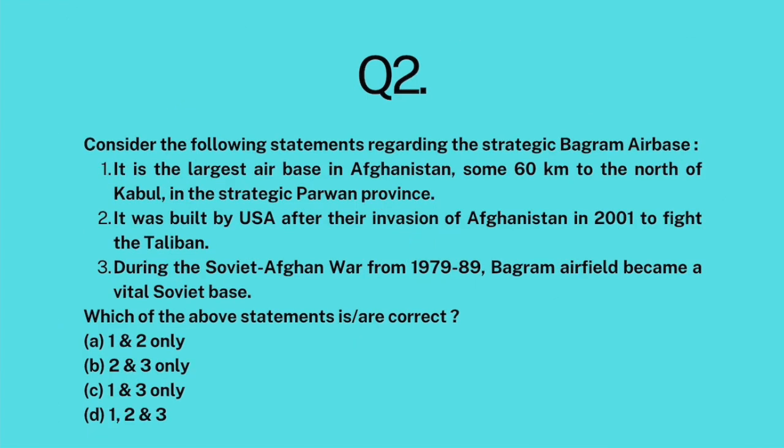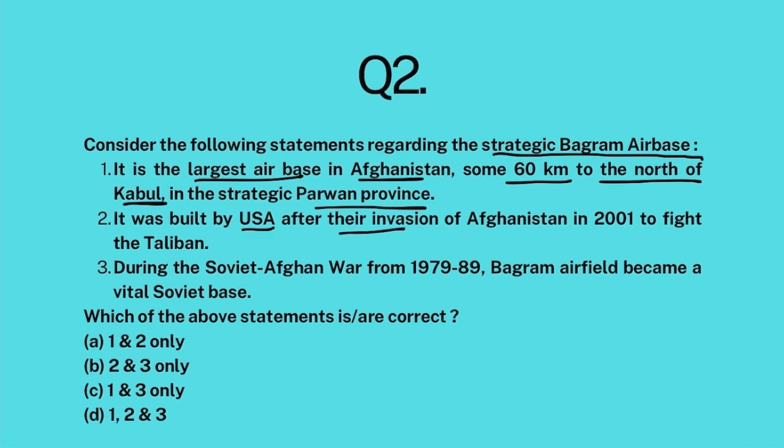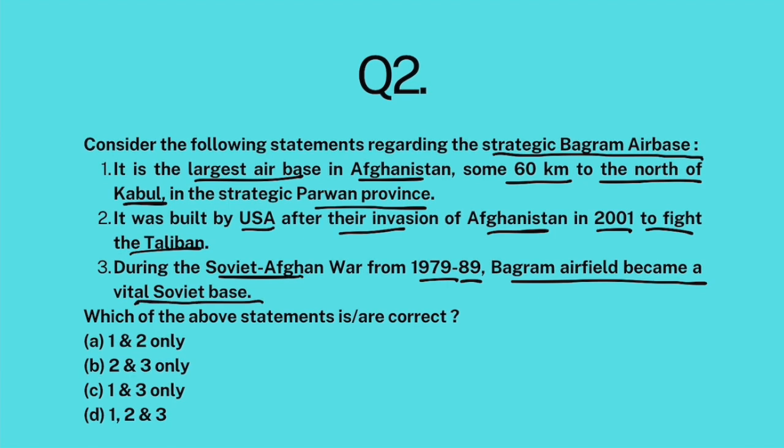Consider the following statements regarding the strategic Bagram Air Base. It is the largest air base in Afghanistan, some 60 kilometers to the north of Kabul, in the strategic Parwan province. It was built by USA after their invasion of Afghanistan in 2001 to fight the Taliban. During the Soviet-Afghan War from 1979-89, Bagram airfield became a vital Soviet base.